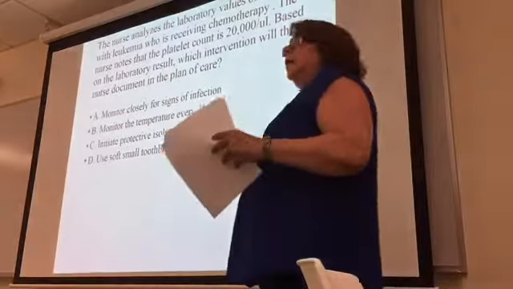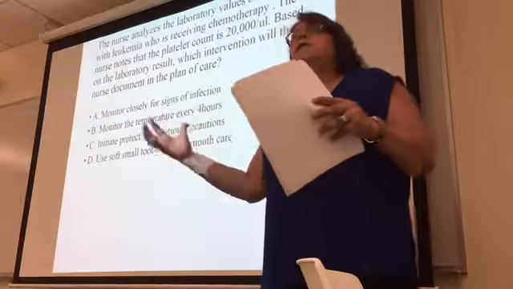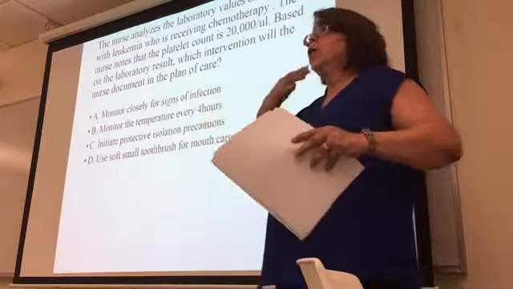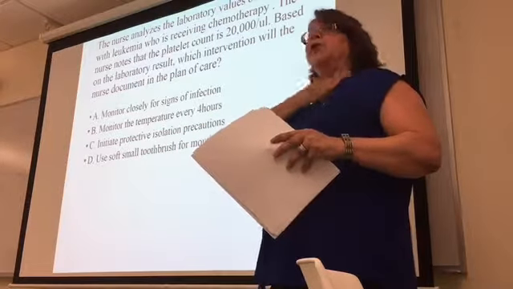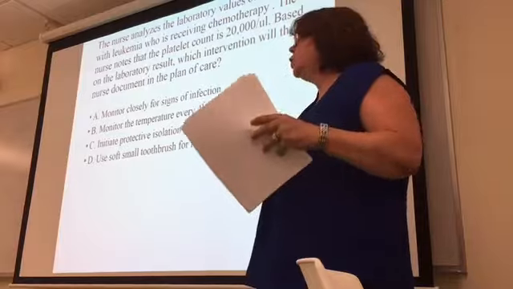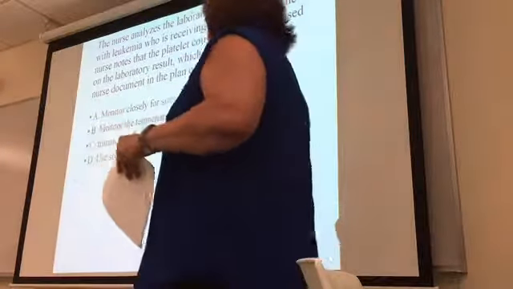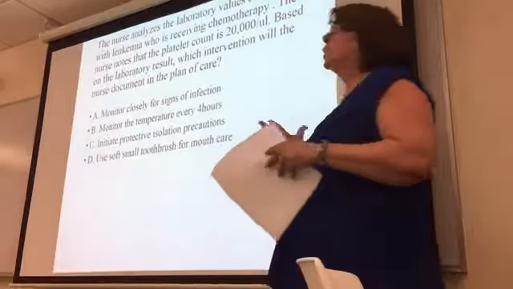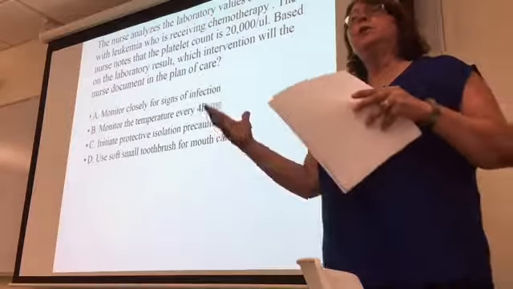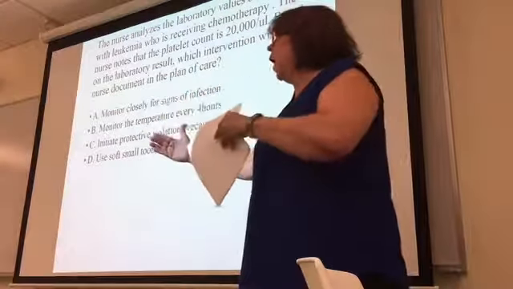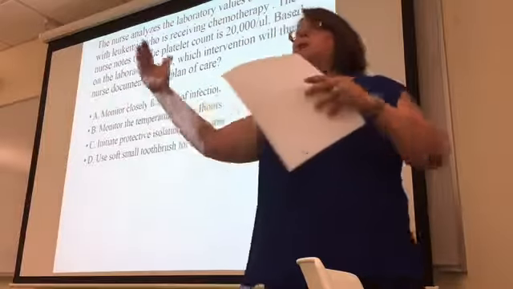So for neutropenia, low white blood cell count, what does an infection look like? Fever, sore throat, cough, congestion, abnormal lung sounds. So that's what an infection looks like. What are we going to do to prevent it, the neutropenic precautions? Anyone remember?